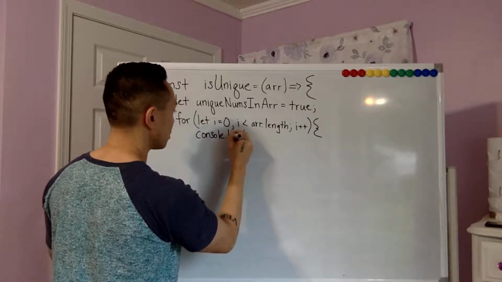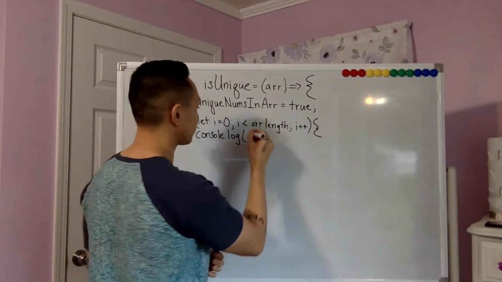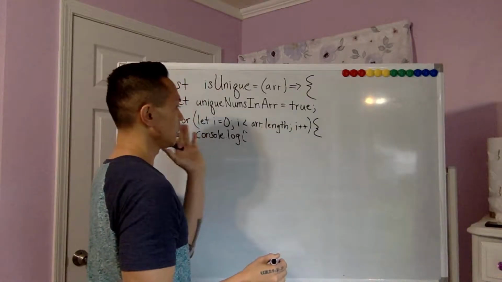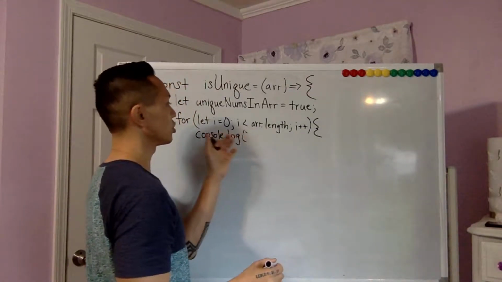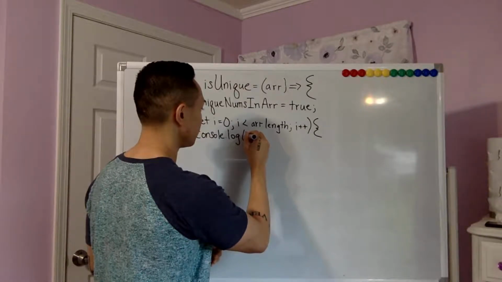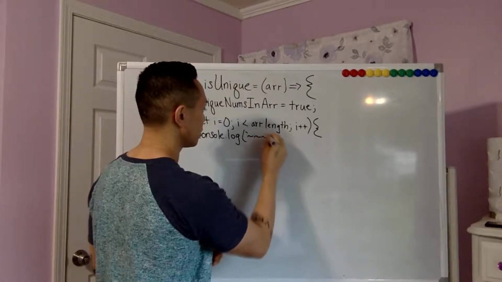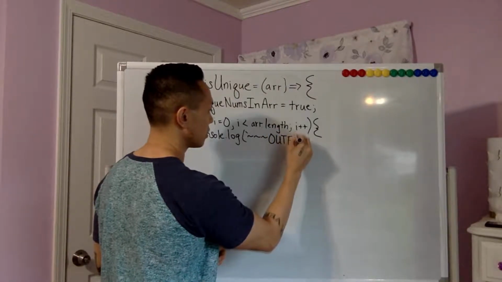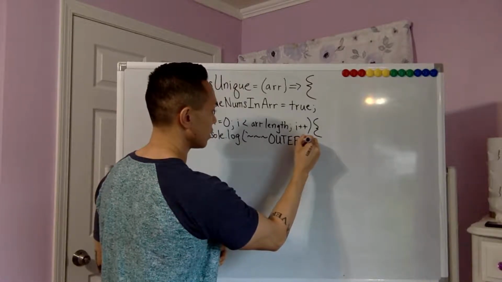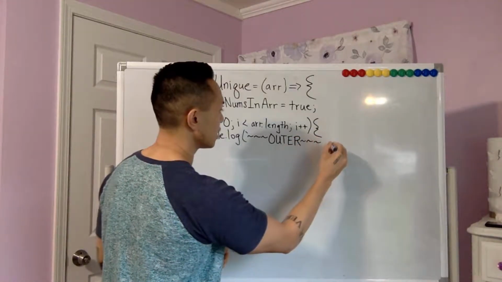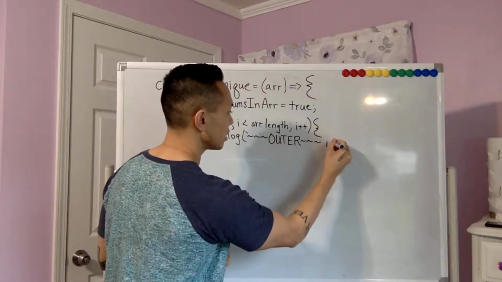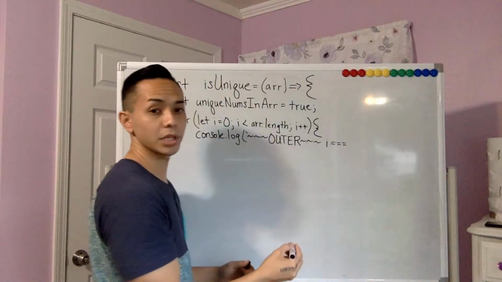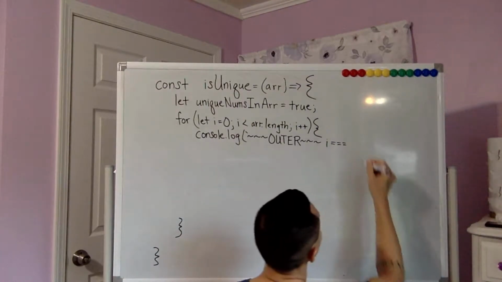So we'll say console.log, and here we'll just add some backticks, right? Because we want to interpolate the value of i to tell which iteration you're in, and also which loop you're in. So we'll make some tildes in here, 3 of those tildes. Let's say outer, and then we'll add 3 more tildes, and then we'll put i strict equals, and then here's where we're going to interpolate that variable i.